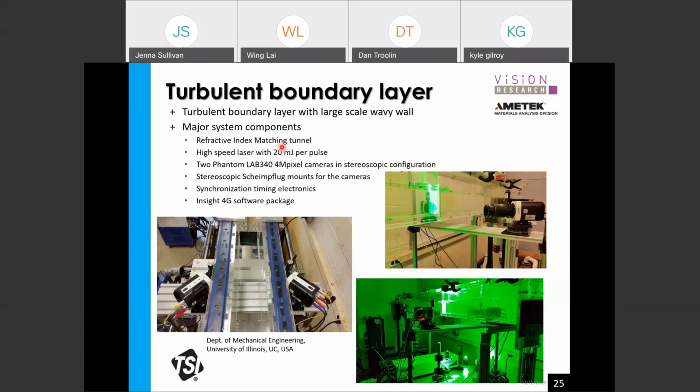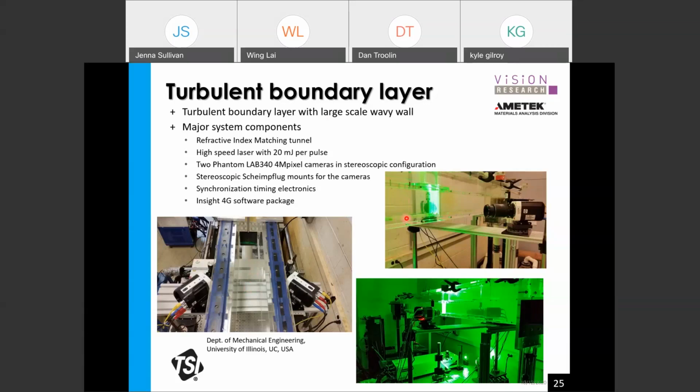It means that the model that makes up the wavy surface at the bottom is matched with the fluid, having the same refractive index as the model. So although there's a model here, it's really difficult to see, because the refractive index of the model and the fluid is exactly the same. That's the reason why you cannot really see the model so clearly over here.